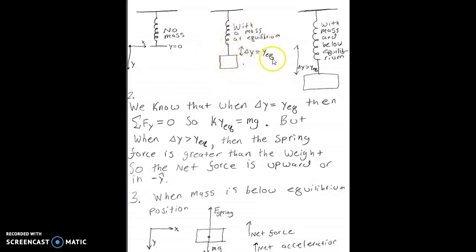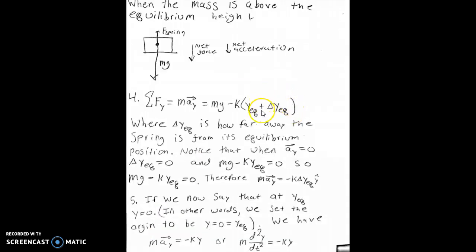Then if there's a change from the y of the equilibrium position, there's going to be a different spring force, which means that the sum of the forces in the whole system is not going to be 0, which is why we have to include this extra term for our spring force.